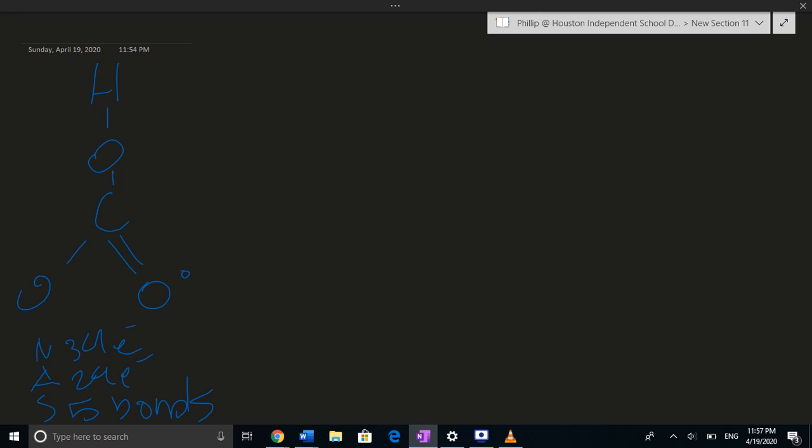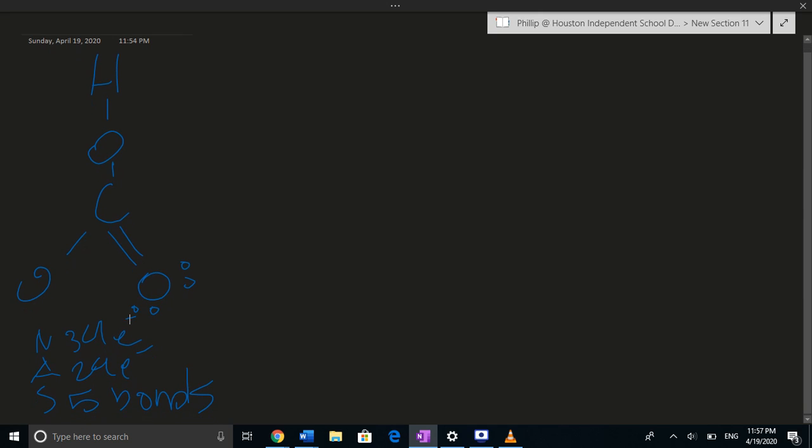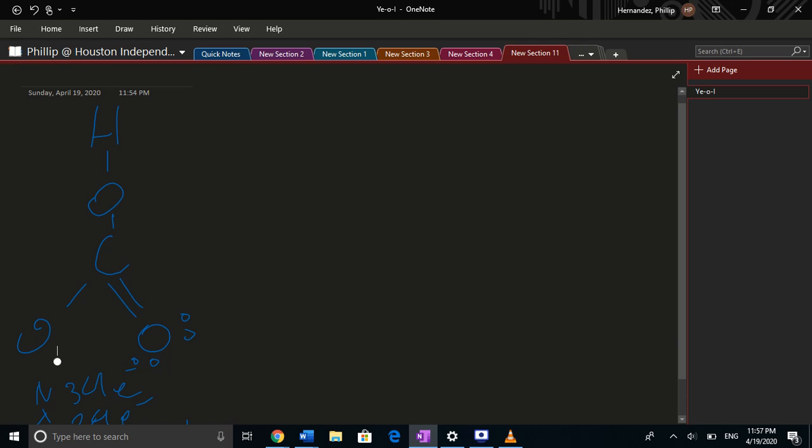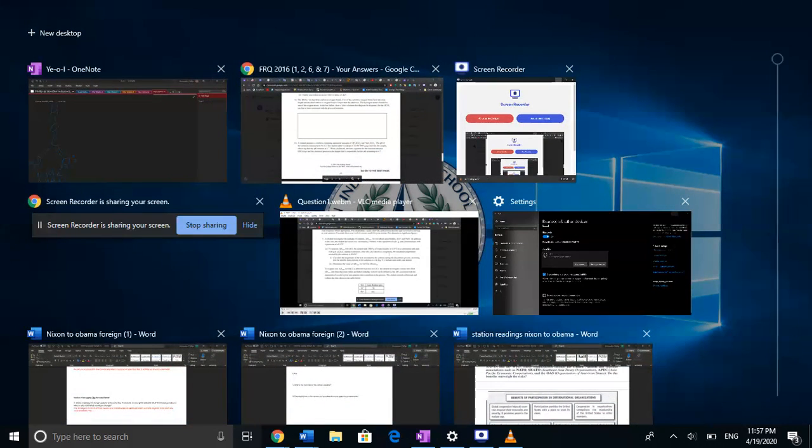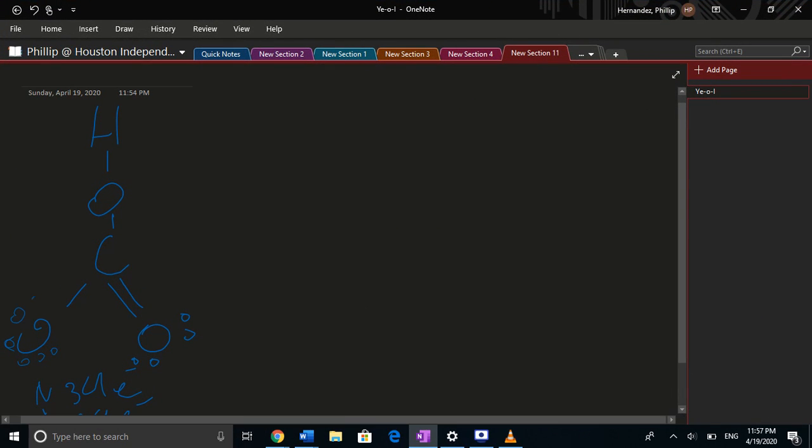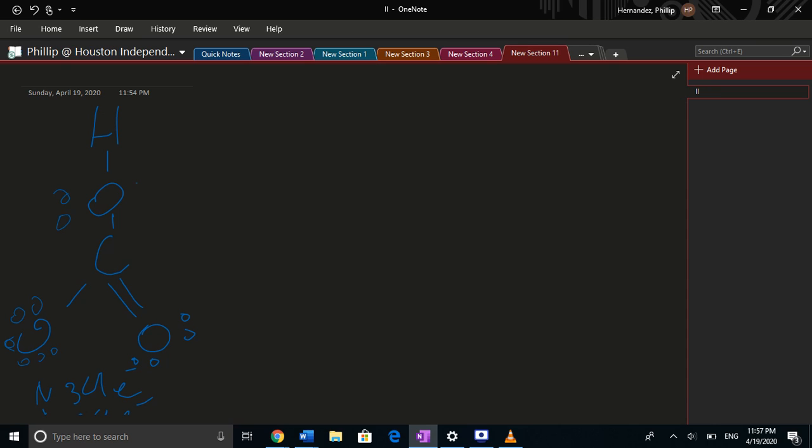This gives us the remaining lone pairs, and we just fill those out. The oxygen at the top is going to have 2 lone pairs, and hydrogen never has a lone pair.